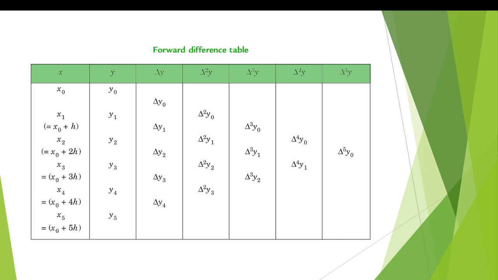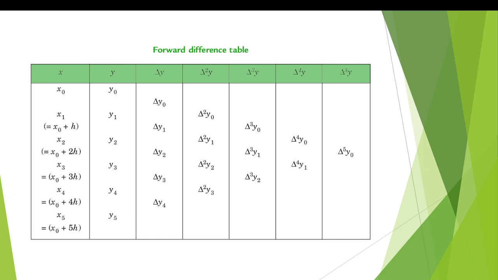From the y values, we calculate delta y, where delta y0 is equal to y1 minus y0, and delta y1 is equal to y2 minus y1. In this way, we also calculate the values of del y2, del y3 and del y4.